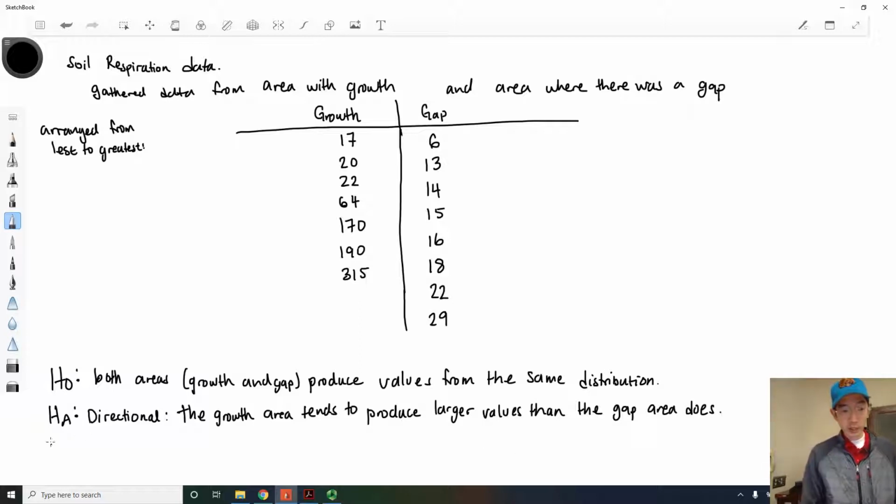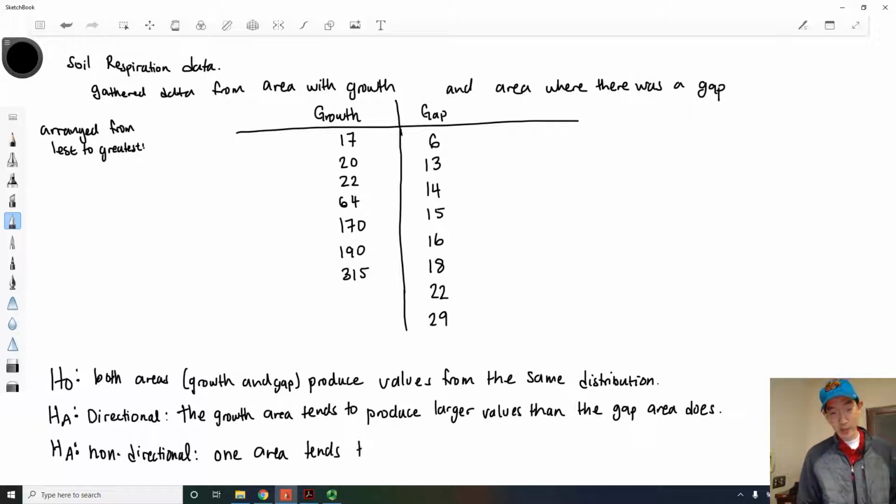A non-directional alternative would be: one area tends to produce larger values than the other area, but not specifying which.